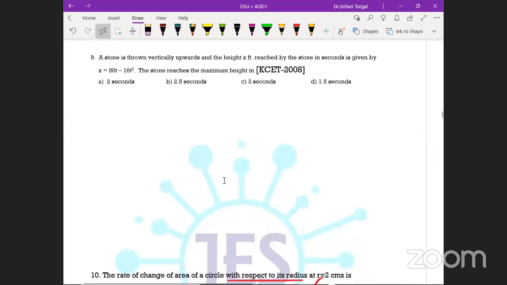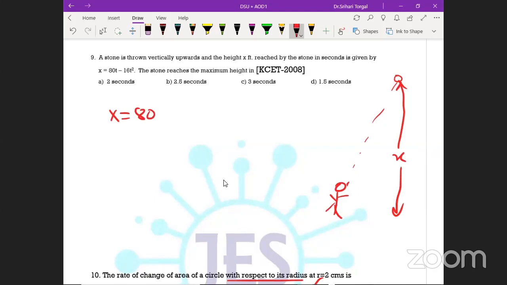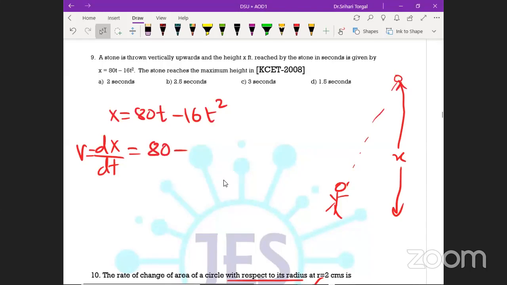A stone is thrown vertically upwards and x height. Yeah, this height is x, reached by the stone, given in terms of t, with 16t square. The stone reaches maximum height in ಎಷ್ಟು ಟೈಮ್ ತಗೋತು maximum height reach ಆಗ್ಲಿಕ್ಕೆ ಅಂತ. So that is dx by dt. You have to calculate the velocity, right? Velocity, which is equal to 80 minus 32t, got it?